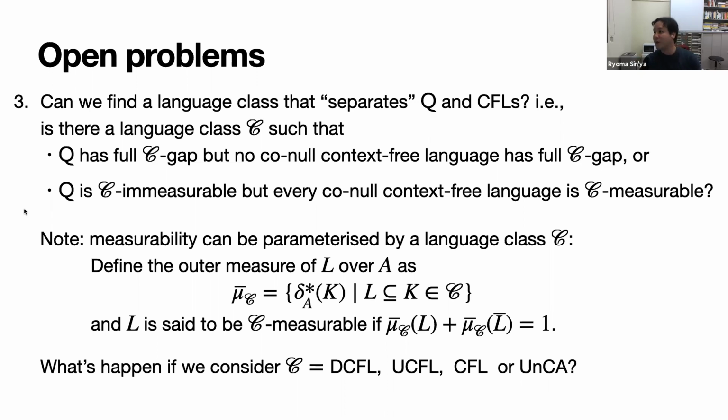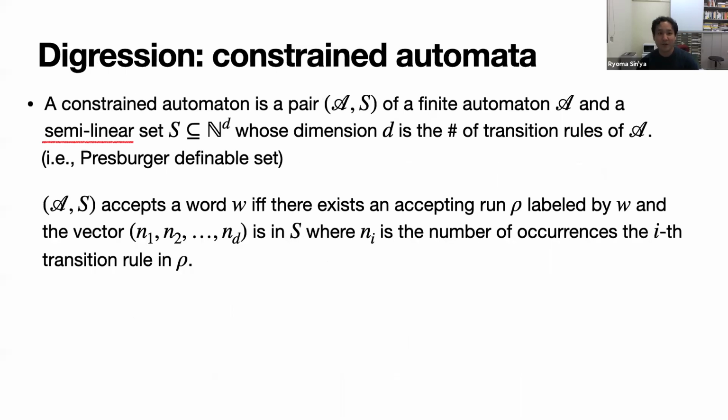Okay, I think I have 5 minutes more, so I want to briefly discuss constraint automata. A constraint automaton is a pair of a usual finite automaton A and a semilinear set S, or Presburger definable set S, whose dimension is exactly the number of transition rules of automaton A. And the acceptance condition is defined here.